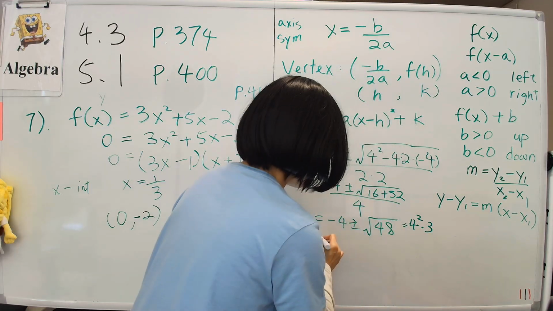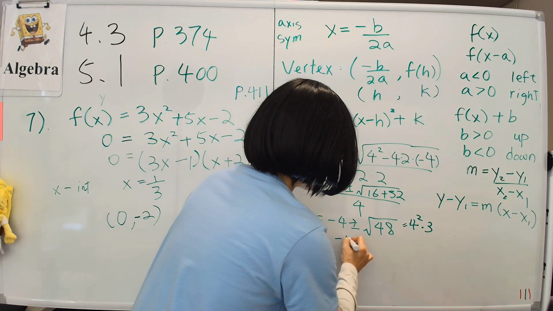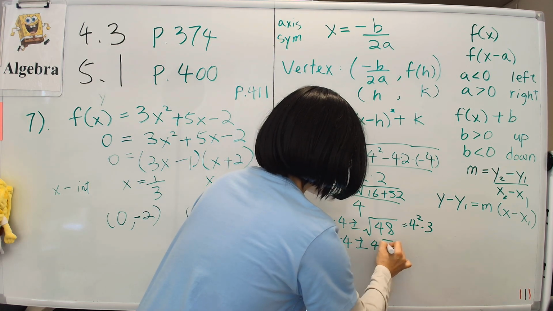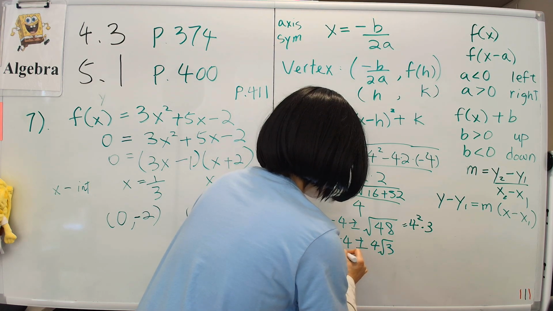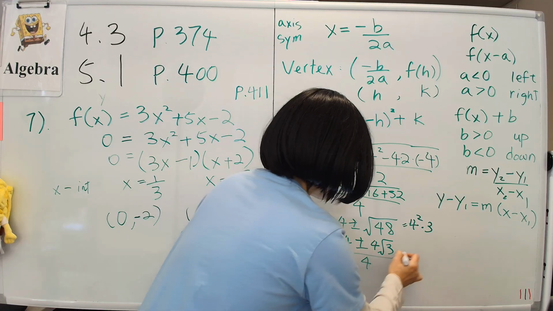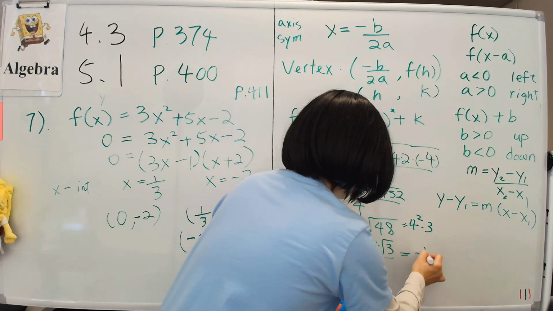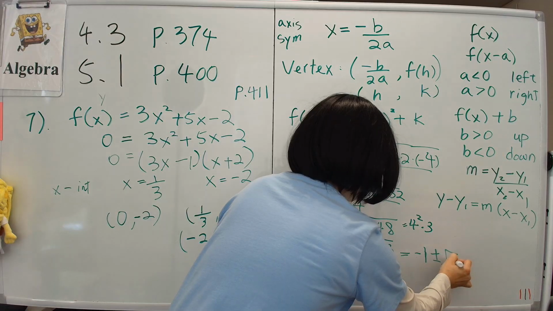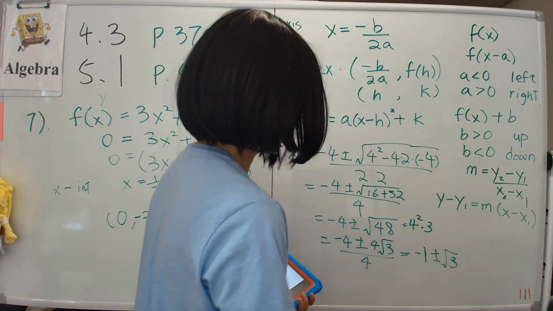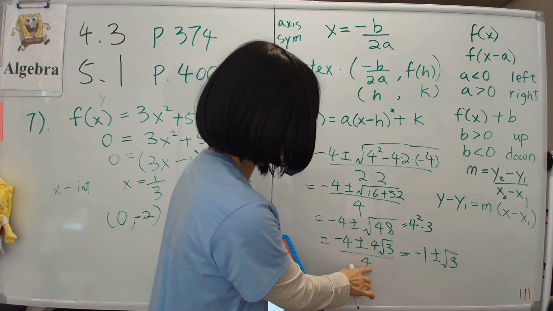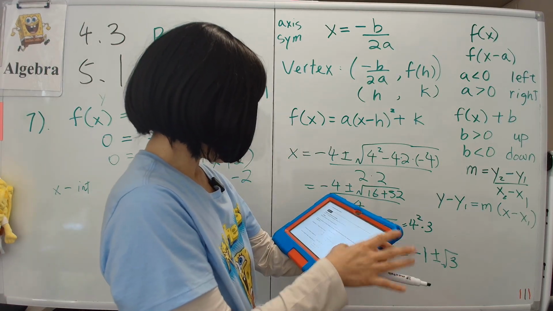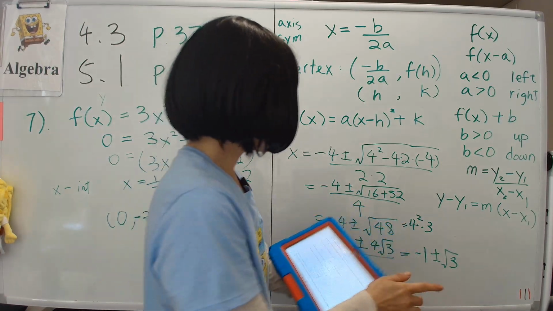So then we have minus 4 plus or minus, we'll take the 4 out, so we have the square root of 3 left, and then divided by 4. Or minus 1 plus or minus the square root of 3, divided by nothing, because we can cancel out the 4, all 3 of them.